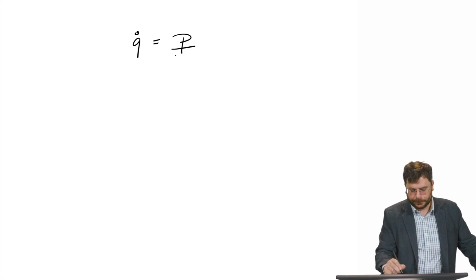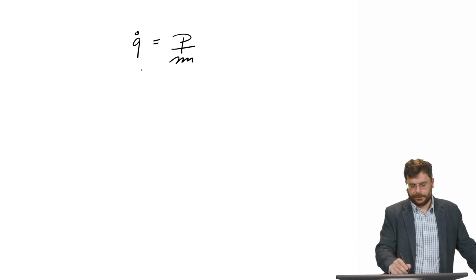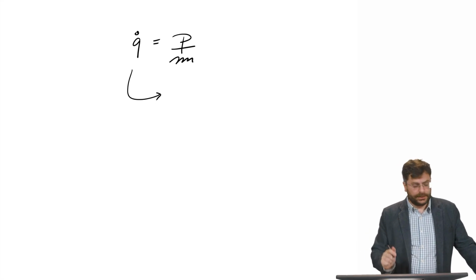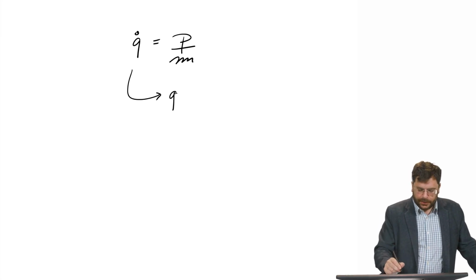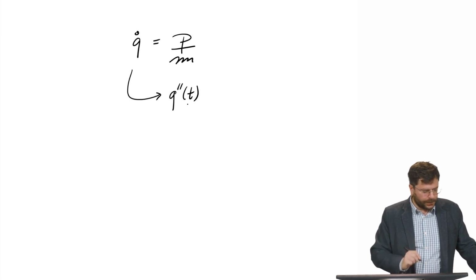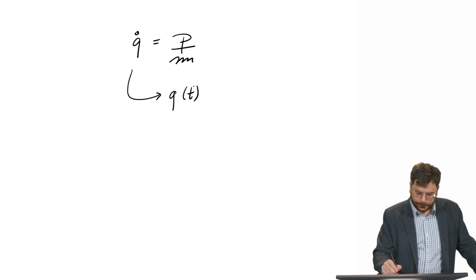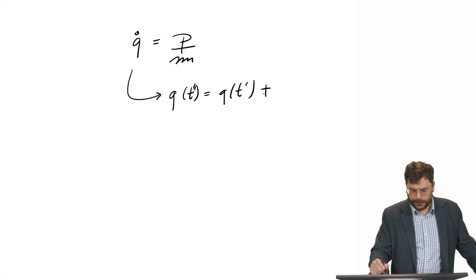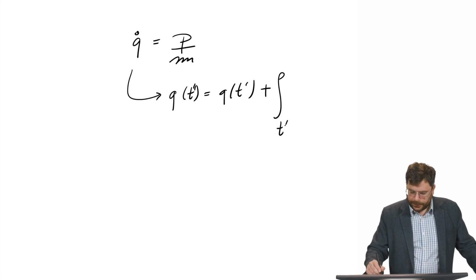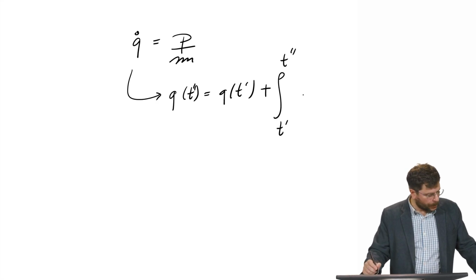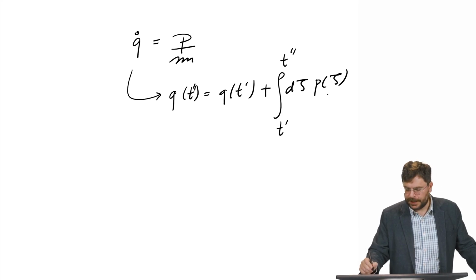If I start off with q dot equals p over m, I know that I can already integrate this equation, and I'm going to call the equation the following. q of t double prime equals q of t prime plus the integral from t prime to t double prime d tau of p of tau over m.